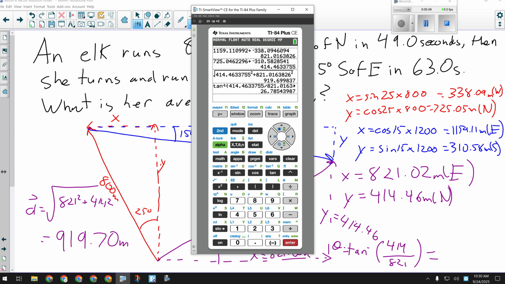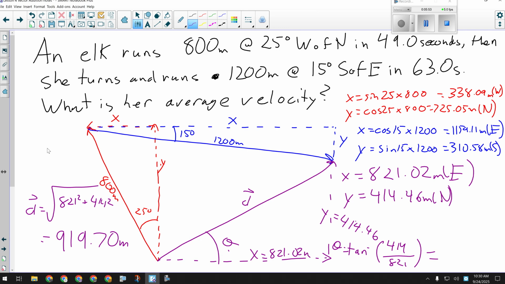Okay, so I'm looking at 26.79 degrees. And for me, what direction would that be? North of east, right? The angle arc there is touching east, so it's north of east.